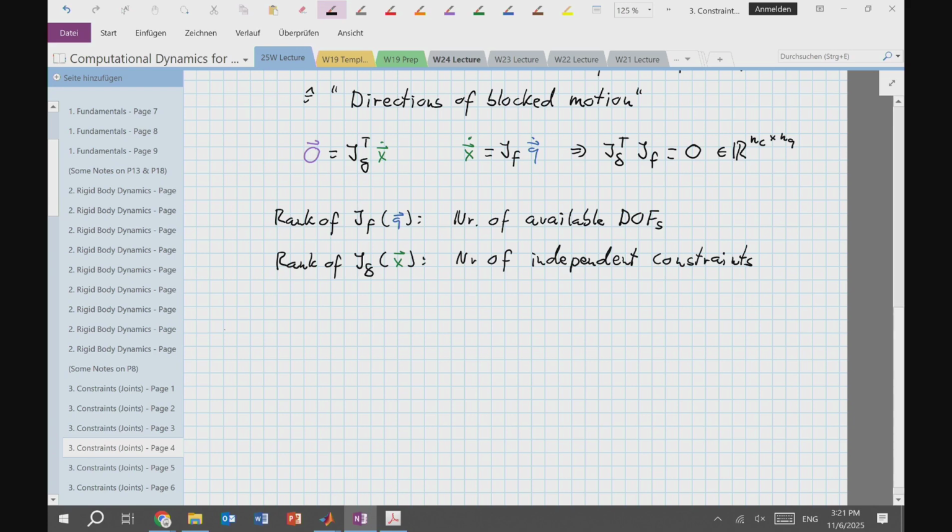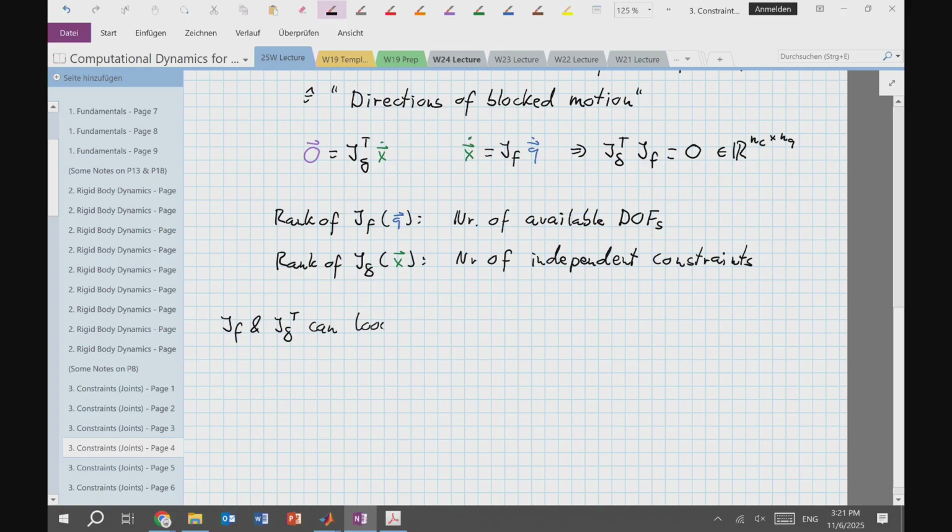Now, since these two matrices are functions of Q and of X respectively, the rank can change depending on the configuration, right?